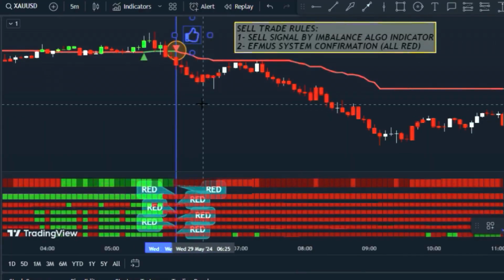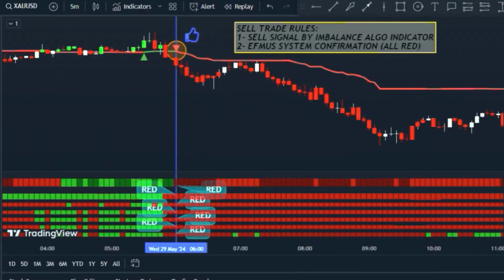Both indicators must agree, so wait for that before entering the trade.